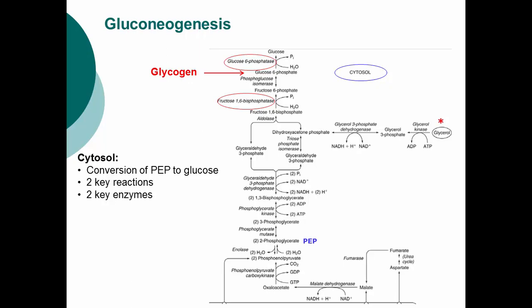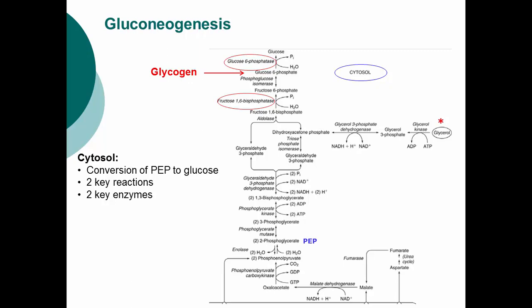So the first is fructose 1,6-bisphosphate, which is made eventually from the PEP, right? Through reversible reactions, and this molecule can be broken down to fructose 6-phosphate by fructose 1,6-bisphosphatase. This is one of the key reactions in the cytosol, right?